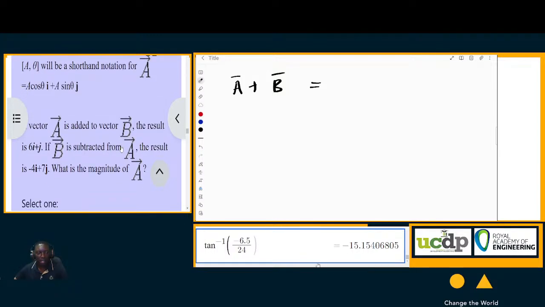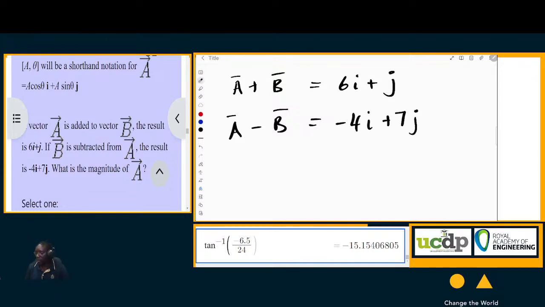And if b is subtracted from a, that means it's a minus vector b. The result is minus 4i plus 7j. So the question is, what is vector a?